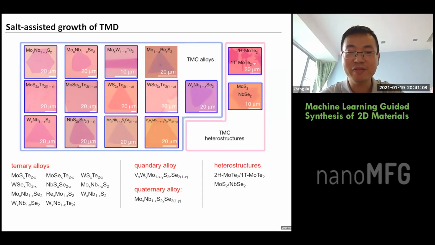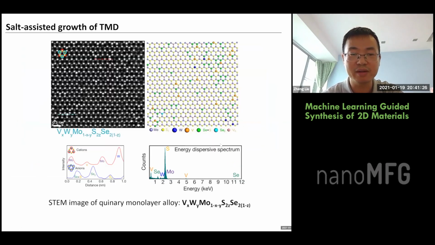Not only for the binary TMDs, we can also use this method to grow ternary TMDs, shown here with different elements, from 3 elements to 5 elements. So that's an unlimited combination for the alloy, I can say. And here I show a very classic alloy, which has 5 different elements in quite a small area. This is a homogeneous alloy without any phase separation, in such a small area.